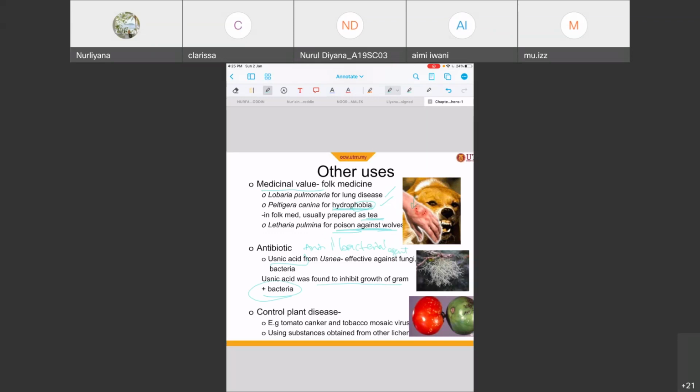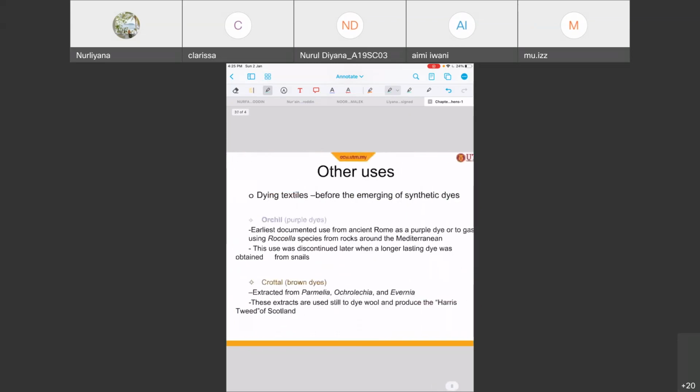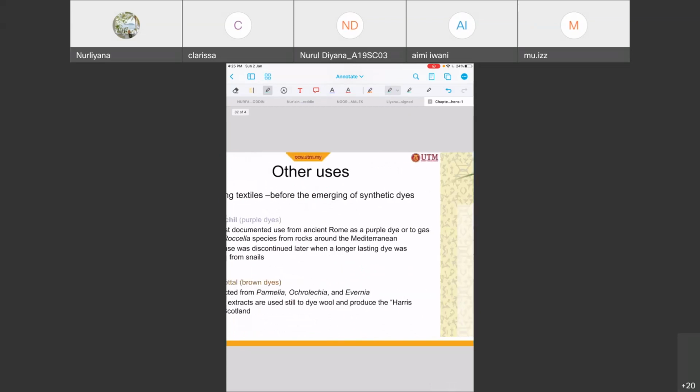To control plant disease, for example, in tomato and tobacco that are infected by viruses, they can be used to control this disease. Okay, apa lagi kat sini? Ini yang sama. Slide yang sama. Okay, I think this is the last one.